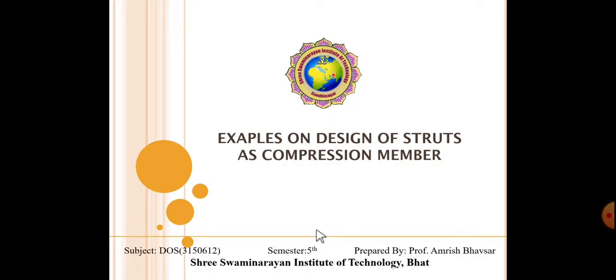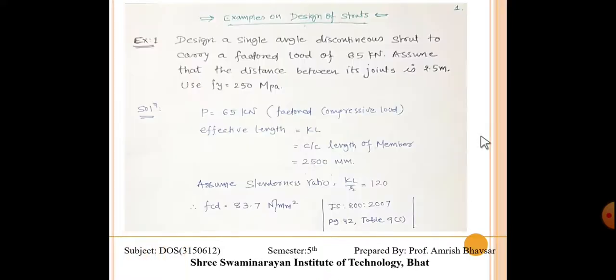For detailed understanding, I have taken one example: design a single angle discontinuous strut to carry a factored load of 65 kilonewton. Assume that the distance between its joints is 2.5 meter.